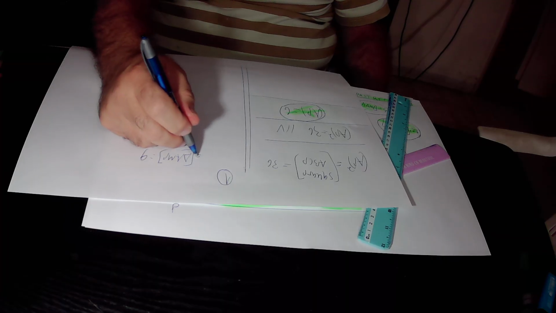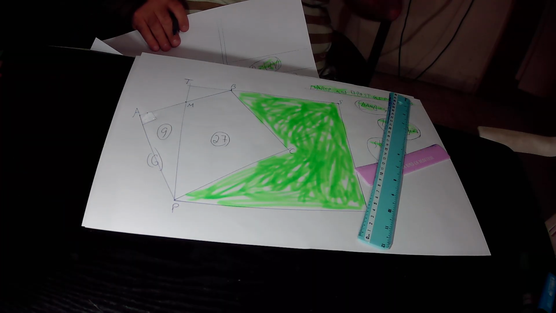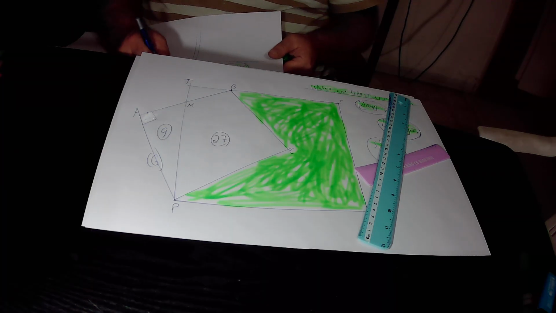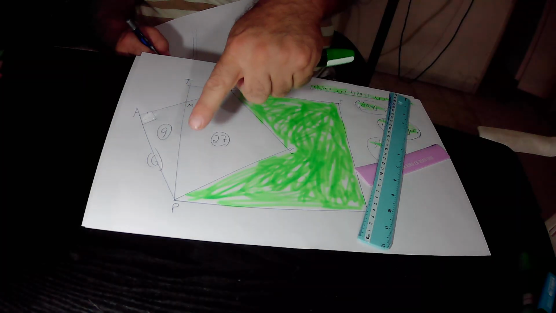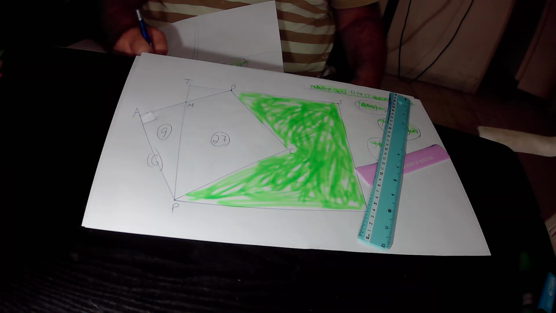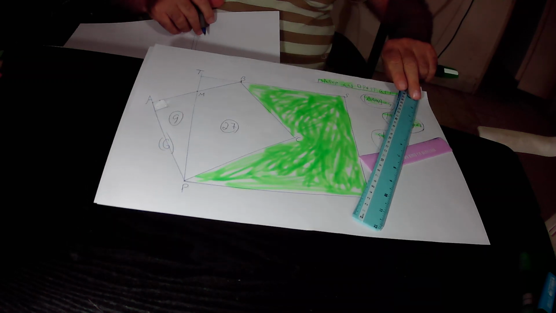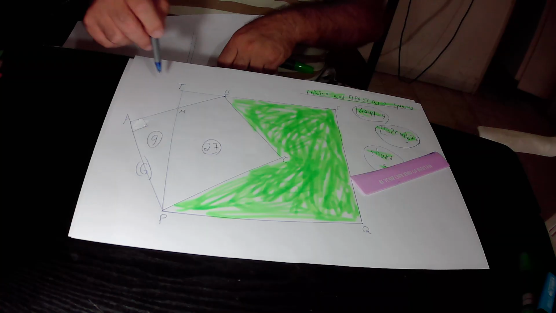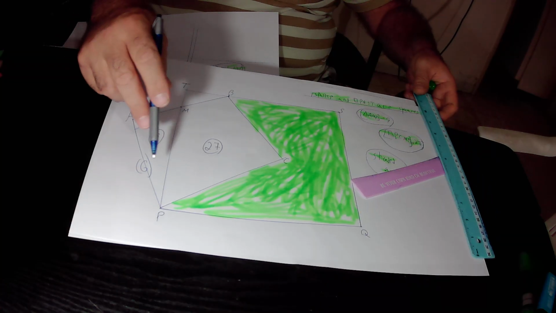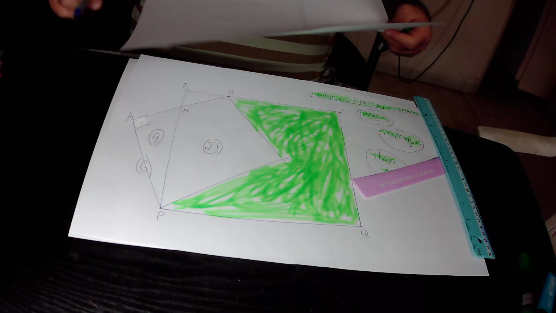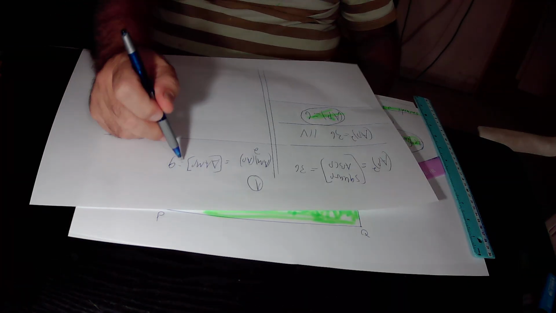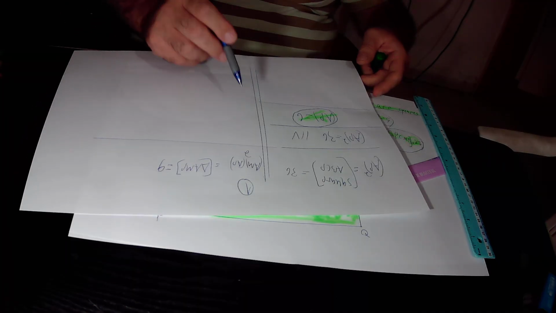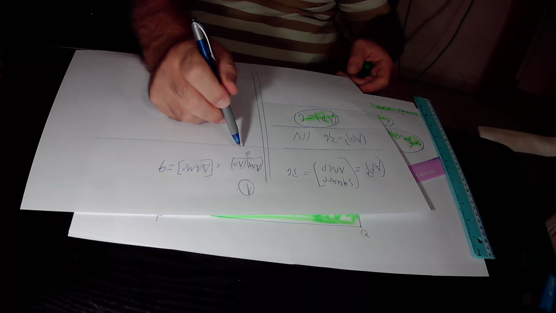But from the other side, we know that the area of any triangle equals the base of the triangle, that is AM, times the height, that is AP, over 2. Then again, from one side, the area of this right triangle AMP is equal to 9 square units in its size. But from the other side, the area of this right triangle AMP equals the base AM times the height AP over 2.